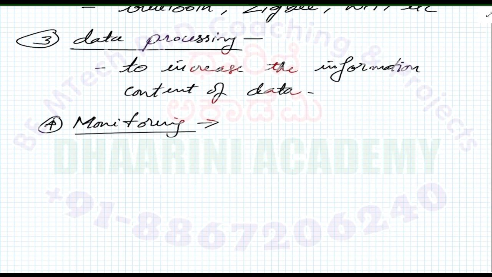The next category is monitoring. For example, you want to keep something under monitor, in the sense of, say, medical equipment, right? They normally have a display to monitor several parameters of the patient.